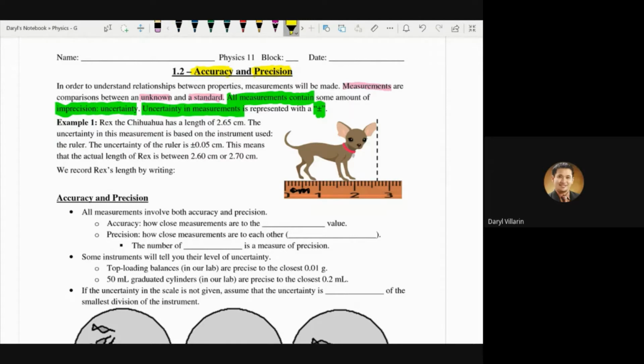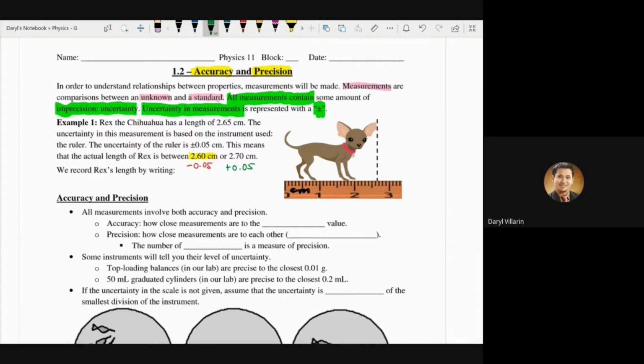This means that the actual length of Rex the Chihuahua would be between 2.60 centimeters and 2.70 centimeters. The 2.60 represents 2.65 minus 0.05 centimeter, and the 2.70 is the upper limit, which is plus 0.05.